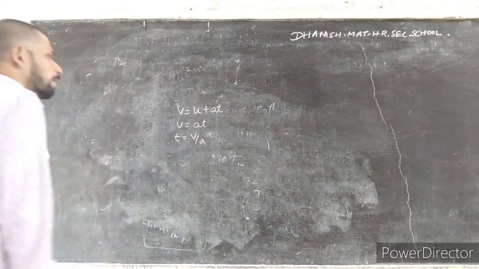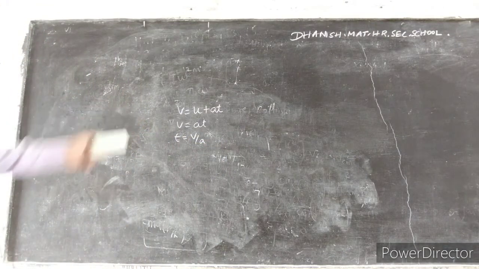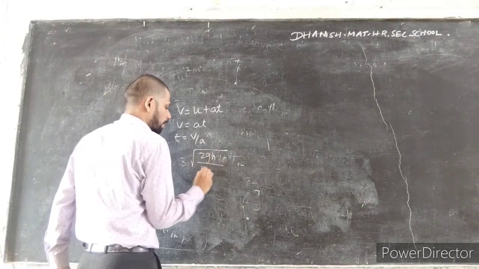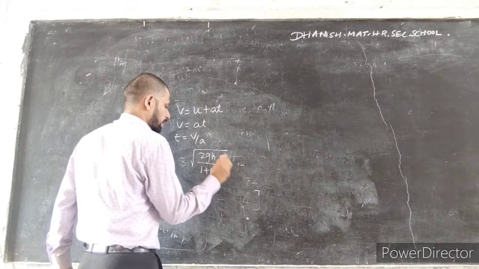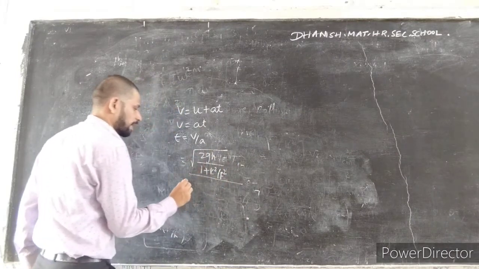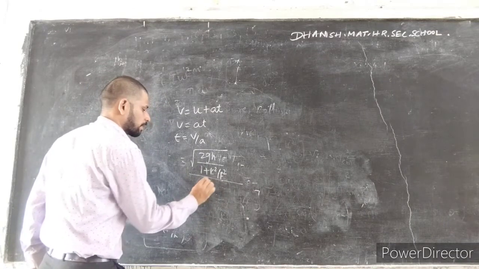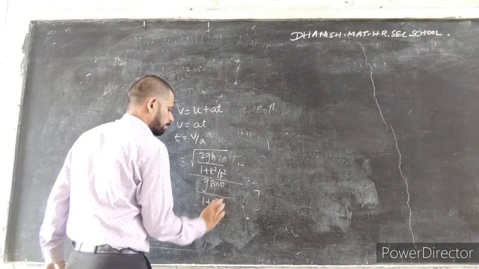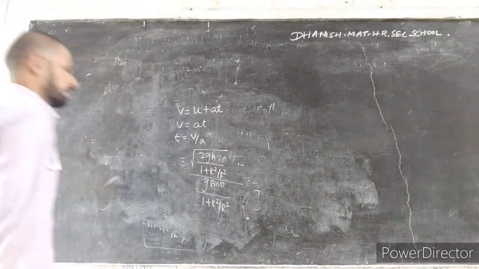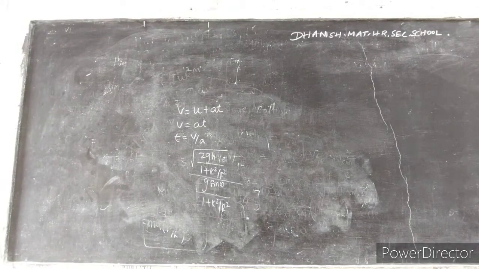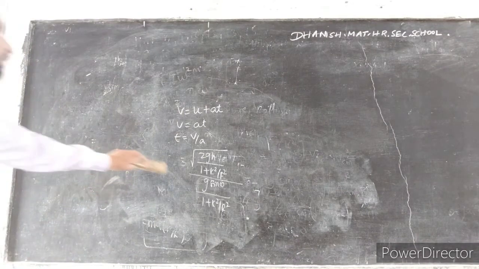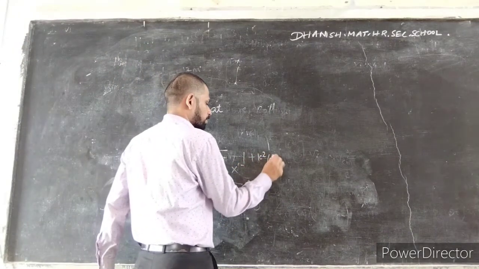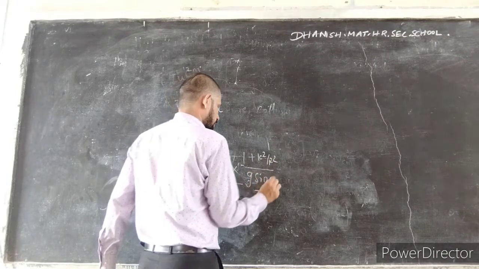We know v is root of 2gh by 1 plus k squared by r square, and a is nothing but g sin theta by 1 plus k squared by r square. So t becomes root of 2gh by 1 plus k squared by r square divided by g sin theta by 1 plus k squared by r square.